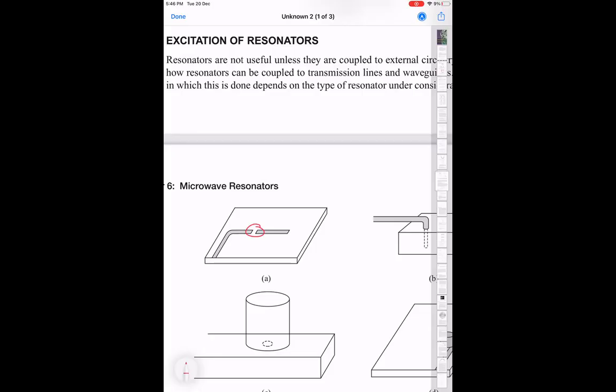If you now look at this thing, it looks like a rectangular box with a central pin sticking from one edge, the shorter end, and it's open on the other side. So what do I call it? From the top, it looks like a CPW line, but there's a third dimension.